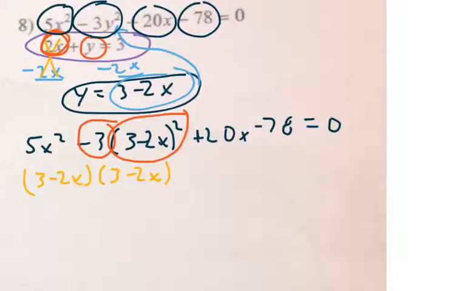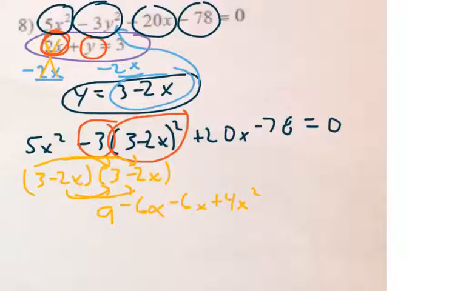This is 3 minus 2x squared. 3 times 3 is 9. 3 times minus 2 is minus 6x. Negative 2x times 3 is negative 6x. And negative 2x times negative 2x is plus 4x squared.